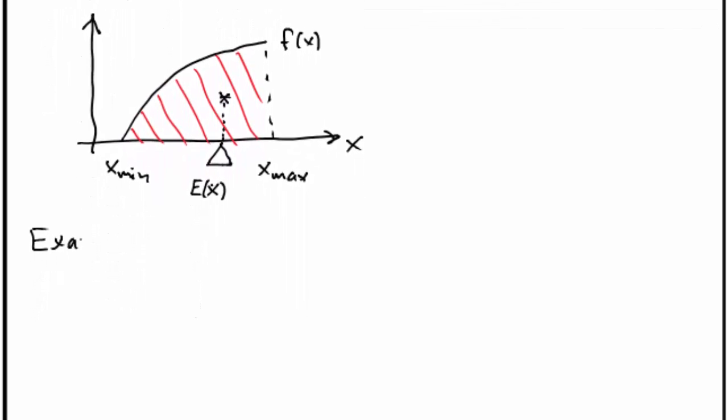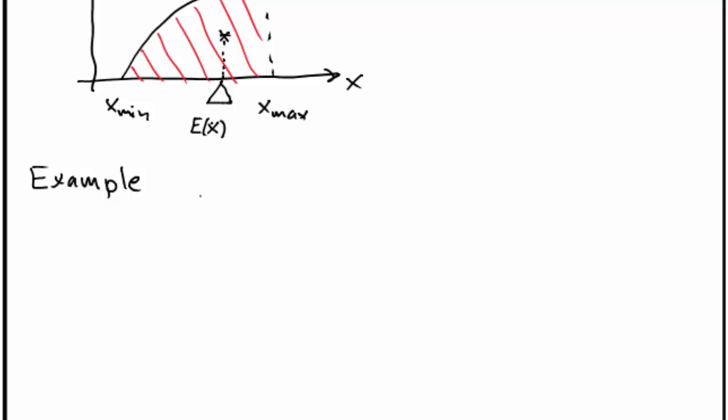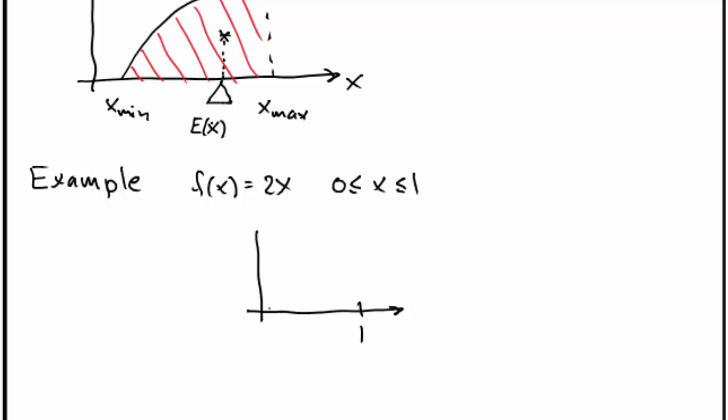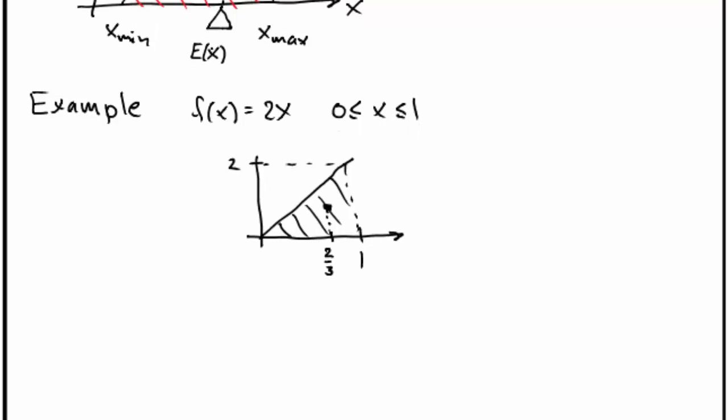If we look at this example again, the one with f of x being 2x with x between 0 and 1, then this PDF looks something like this. And we found the expected value to be 2/3, 0.667, maybe somewhere around here. And that will be precisely the center of mass of this object.